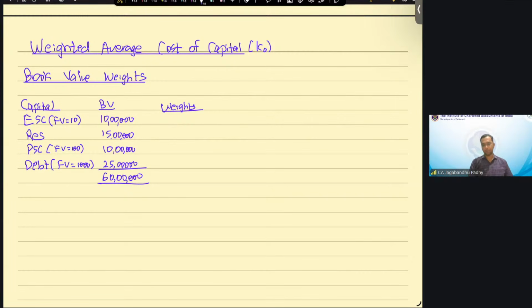Take weights up to 4 decimals. So weights: 10 lakh divided by 60 lakhs, so 10 divided by 60 is 0.1667. 15 divided by 60 is 0.2500.